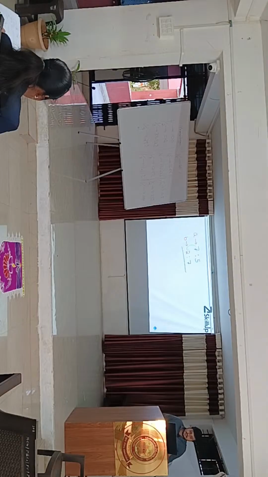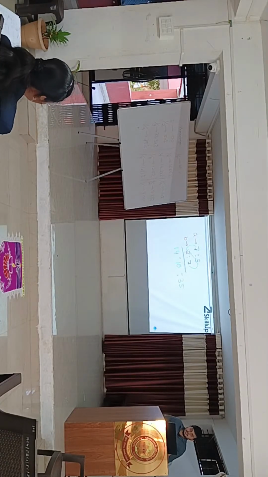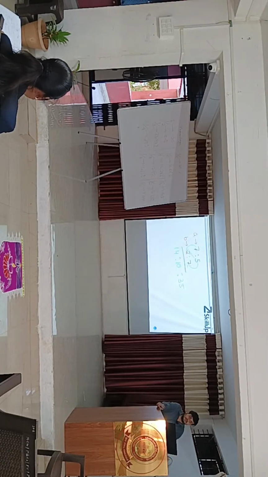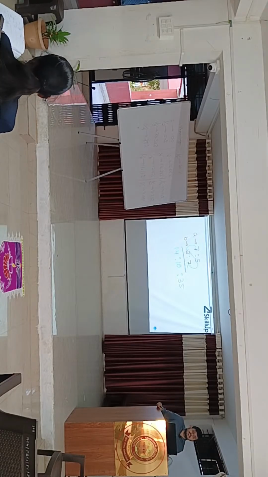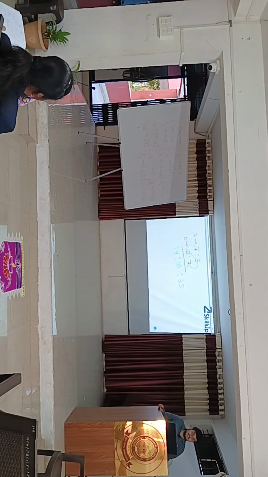Seven twos are 14, five twos are 10, five sevens are 35. These are your ratios. Instead of writing it down in two ways, directly multiply there itself.